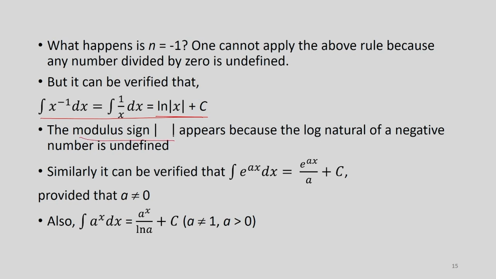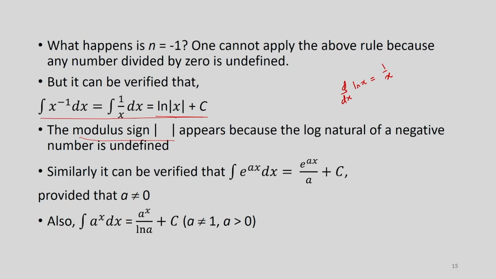Remember why we are writing it, because we know if I take the derivative of log of x, then it becomes 1 divided by x. So if I integrate 1 divided by x, I should get back log of x, and there is this plus c, which is the constant of integration.